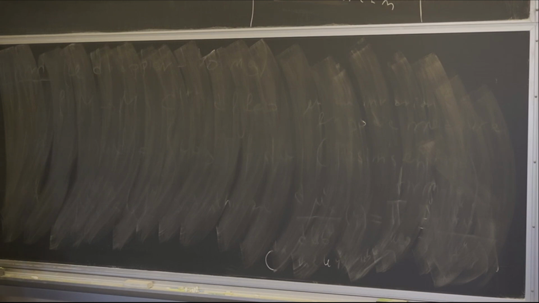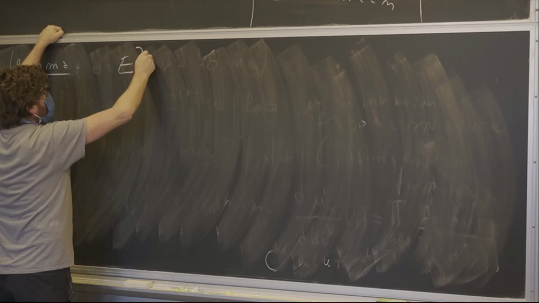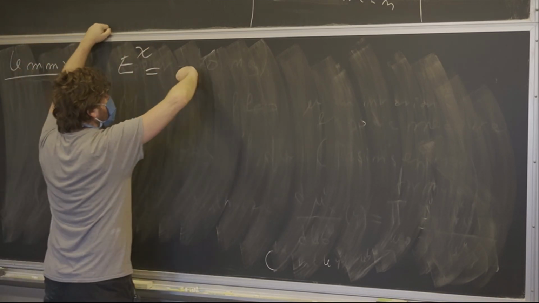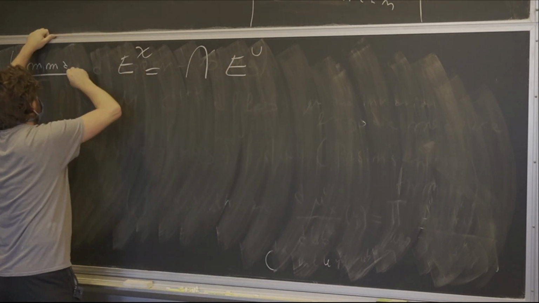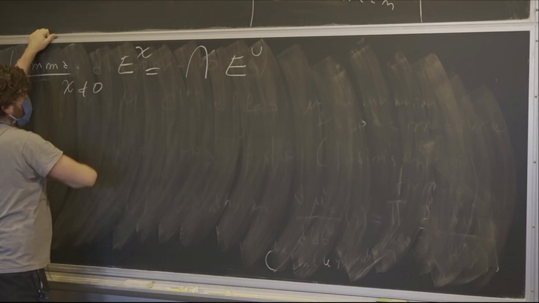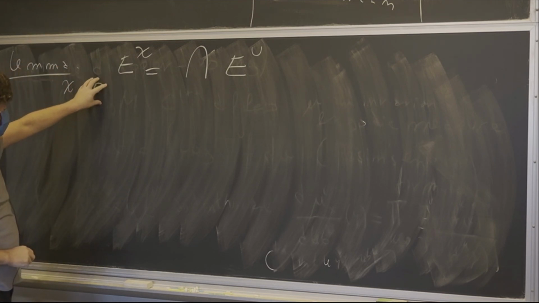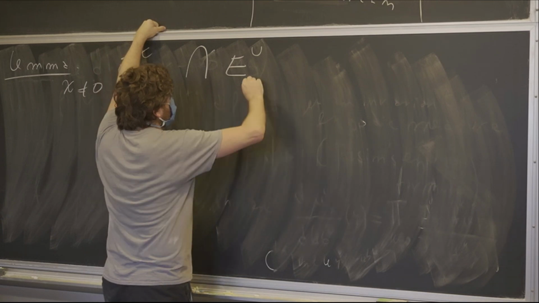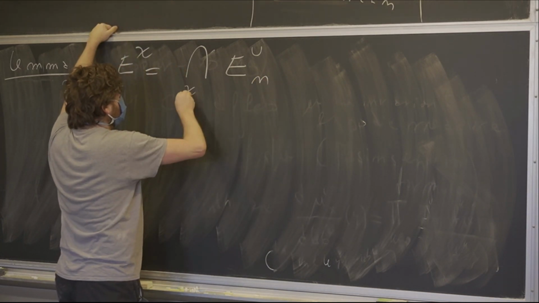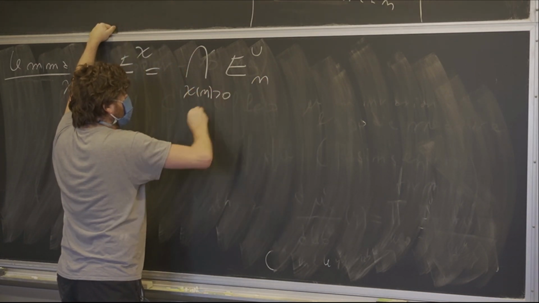So, lemma: E^chi is the same as the intersection of the E^U_n, for chi different from 0. So this is a functional, I'm talking about the non-zero functional, so of all the E^U_n such that chi of n is positive.